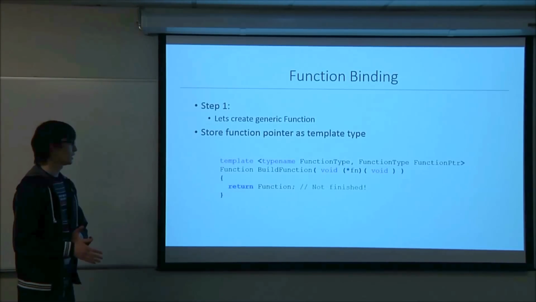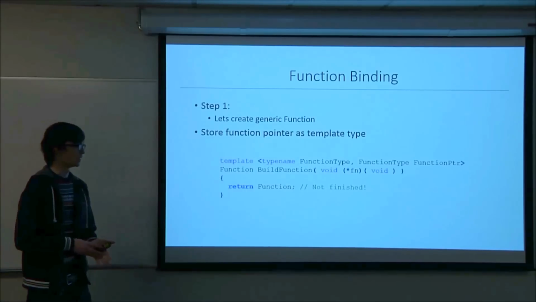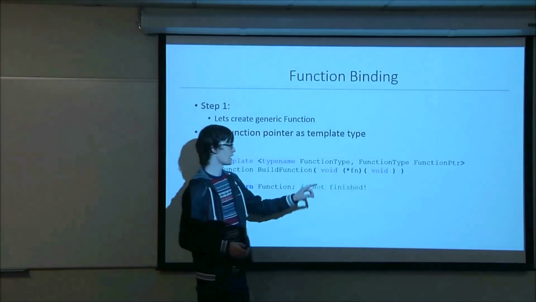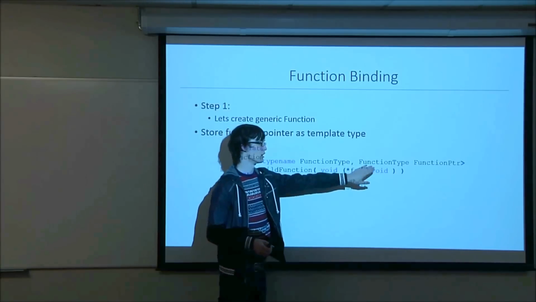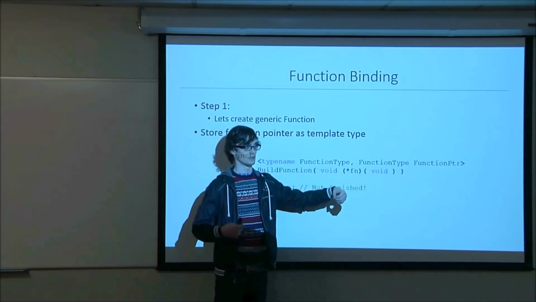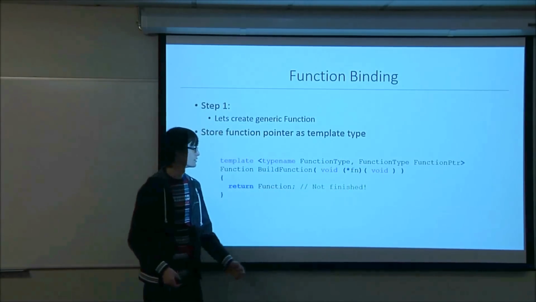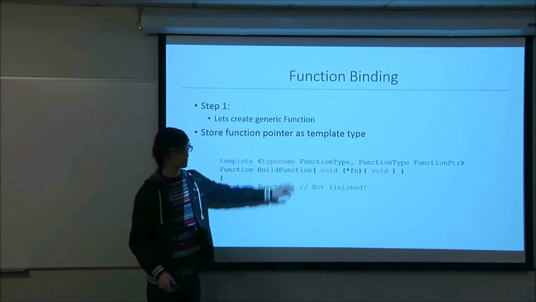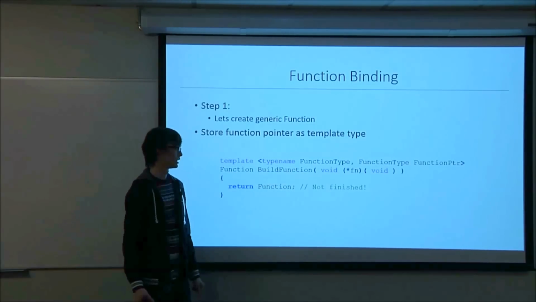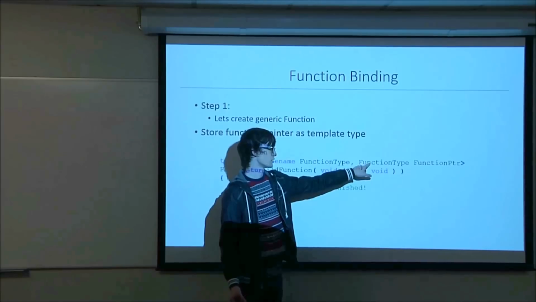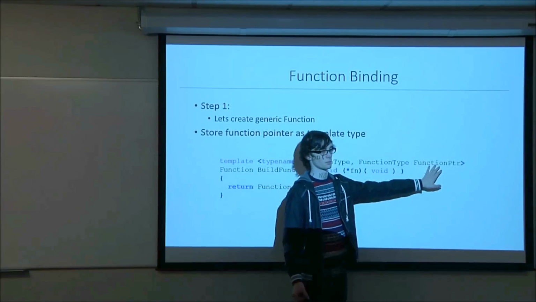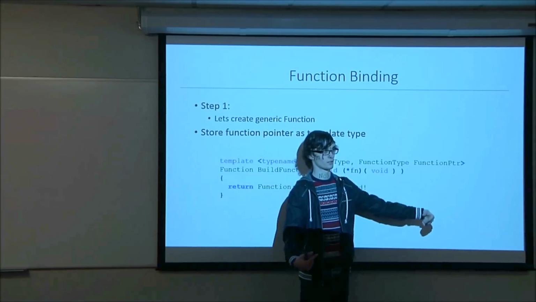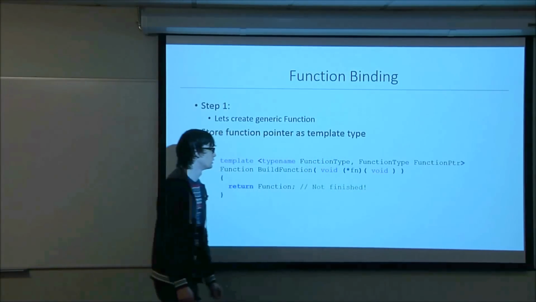The easiest way to do this is to have your function pointer as a constant that's passed into a template parameter. So here, this right here would describe the type of your function. Here's the type of the function. This is a constant template parameter of that exact function pointer.